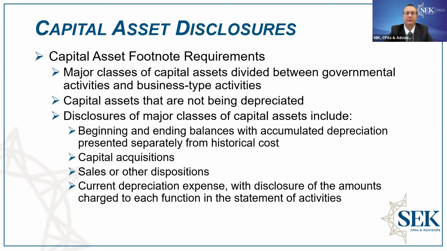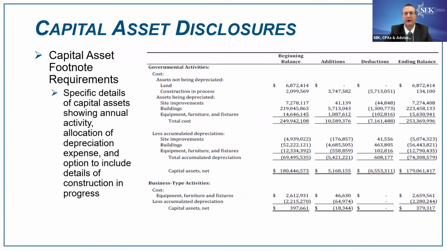Next are typically the additions and reductions, your acquisitions and your sales or other dispositions, so the table shows all the activity for the year. Finally, a required disclosure if you're a governmental activity is to show how the depreciation expense is allocated amongst the different functions within the statement of activities. I'll get to a couple of examples shortly, but I just wanted to explain what was required.